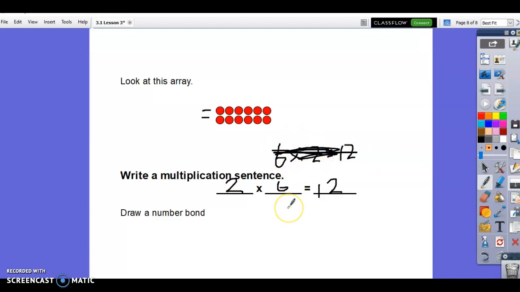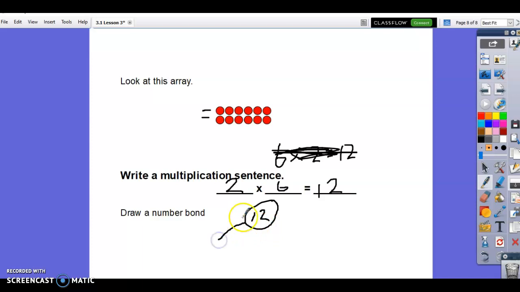Now we're going to draw a number bond, just like we did with 24. So here I'm going to have 12 as my whole number. Now I want you to look at my factors, 2 and 6, and I want you to see if you can draw the number bond by yourself. Go ahead and pause the video while you do that. Okay, let's check our work.